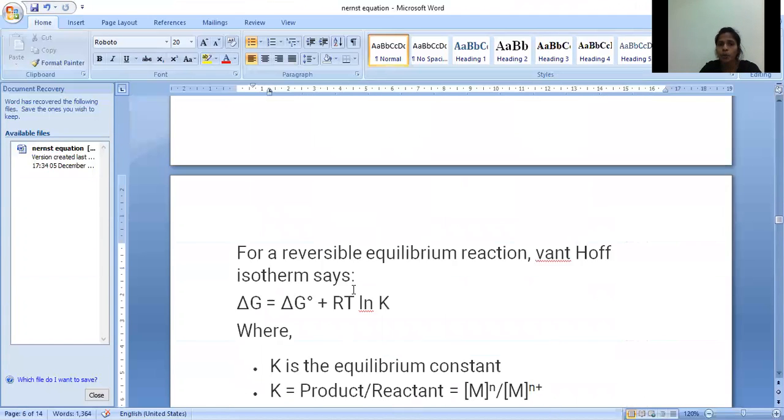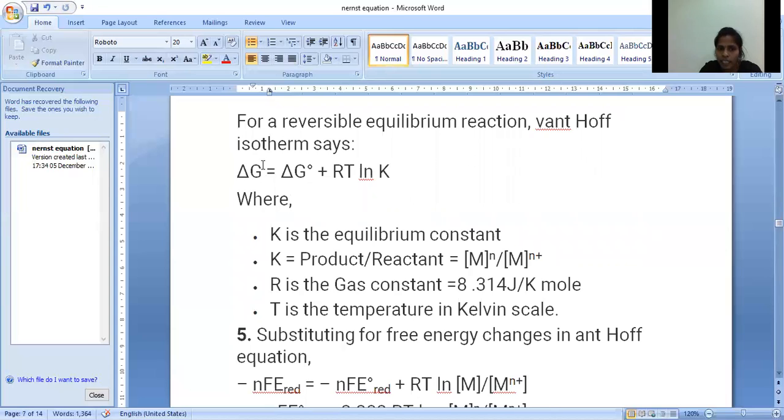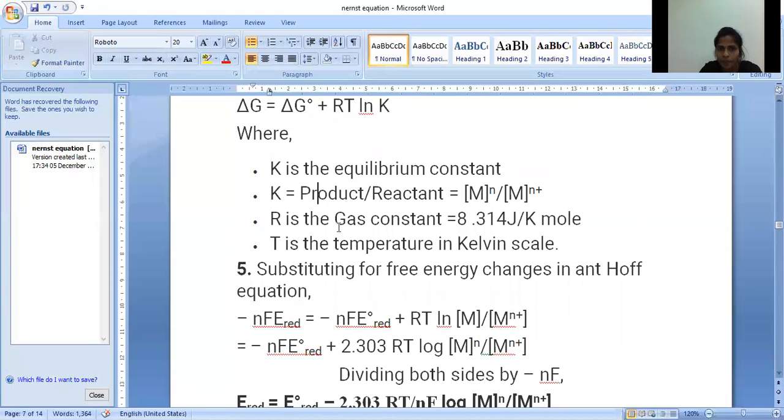So let us substitute minus nFE in place of delta G, and minus nFE naught in place of delta G naught. When we substitute, we get minus nFE is equal to minus nFE naught plus RT ln K. But you know what K is: products concentration divided by reactants concentration.